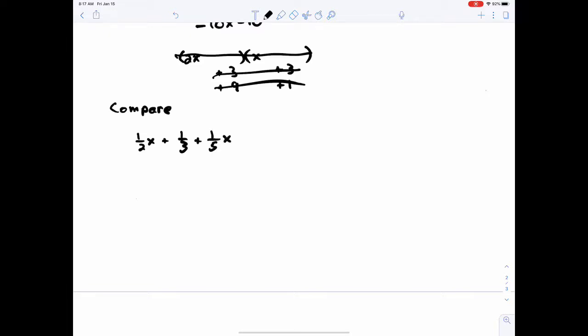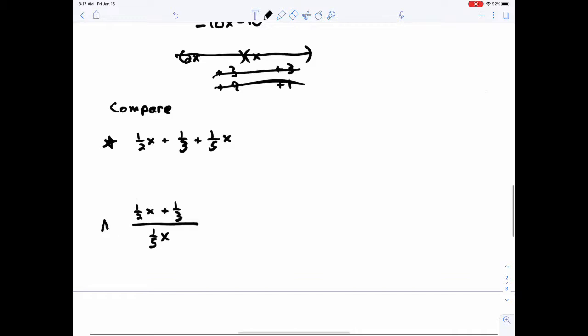And the next one's 1/2 x plus 1/3 all over 1/5 x. This is what we did in the first part of section 8.2, which is just addition and subtraction of fractions. This is what we've just finished doing, which is a fraction within a fraction. Notice neither one is an equation, so you can't get rid of fractions entirely.